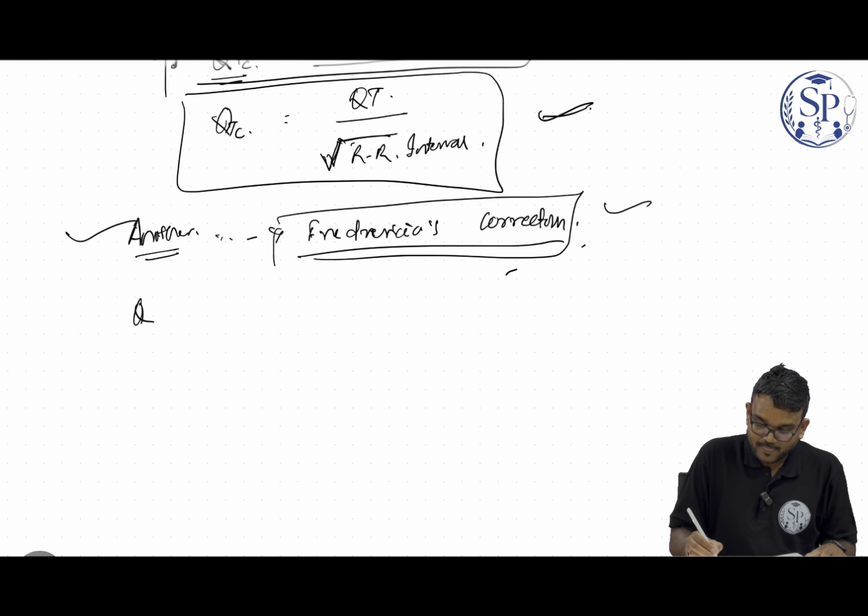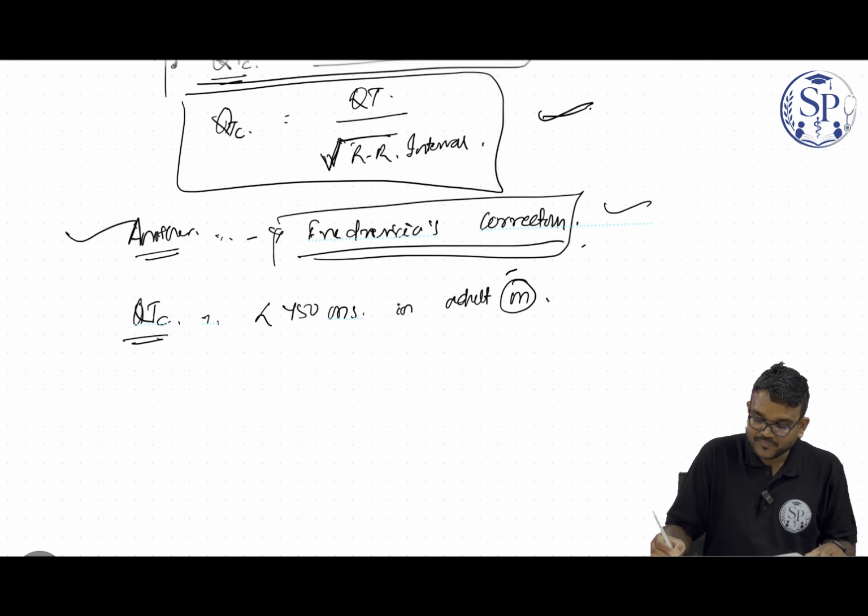Okay, now what is the value of corrected QT interval? The normal value is always less than 450 milliseconds in adult males and is always less than 470 milliseconds in adult females.